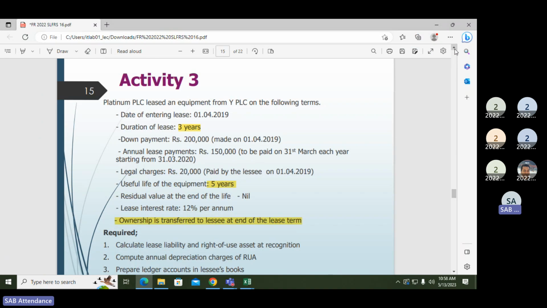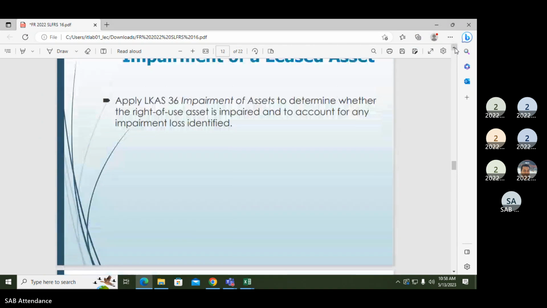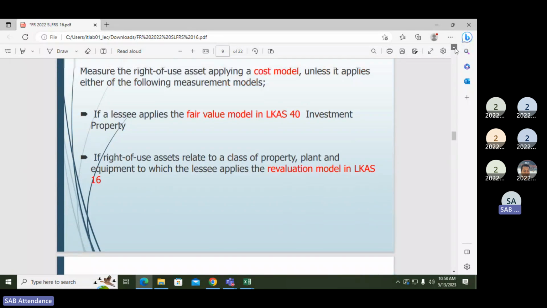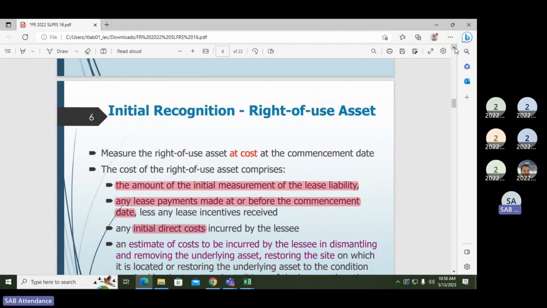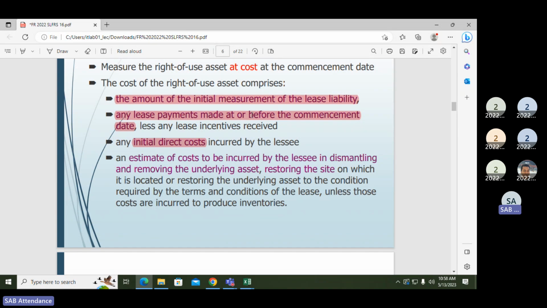So here we discuss the accounting in the books of lessee. Now I will go through the remaining part of the theory. Basically, the right of use asset includes the initial amount of lease measurement, and any lease payment made before the commencement date, like lease down payment, initial direct cost.